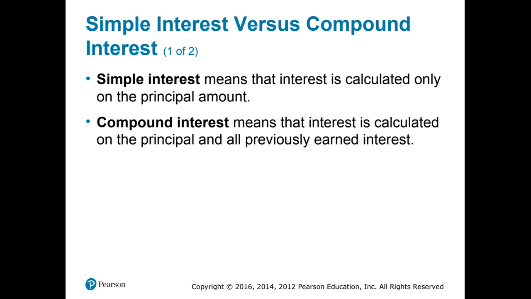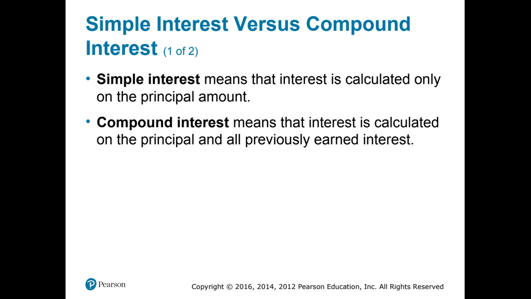So compound interest is a little bit more difficult to calculate, but it depends on who you are, if you're the one paying the interest or you're the one receiving the interest. So I'm just not going to say that. Because if you're paying the interest, you probably prefer simple interest.